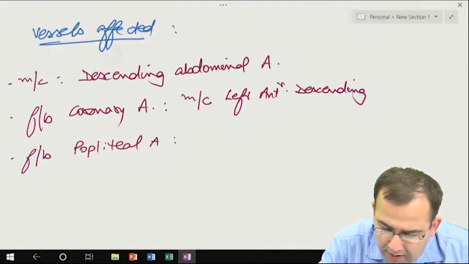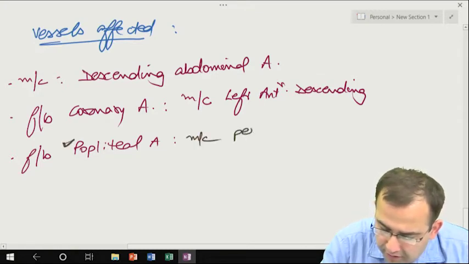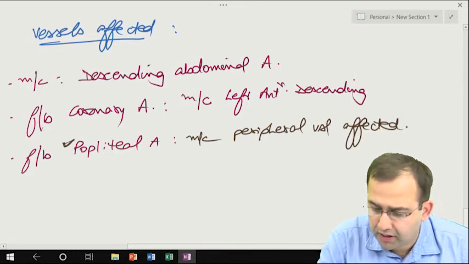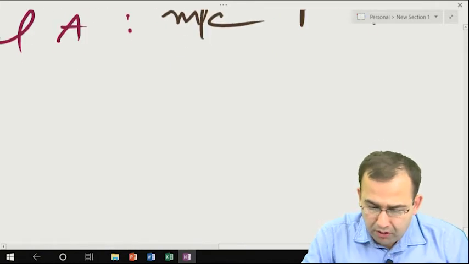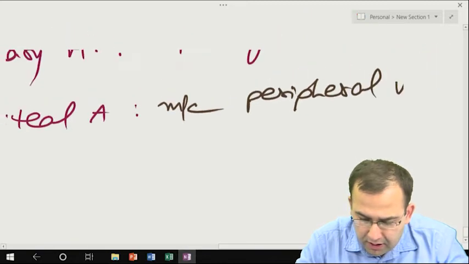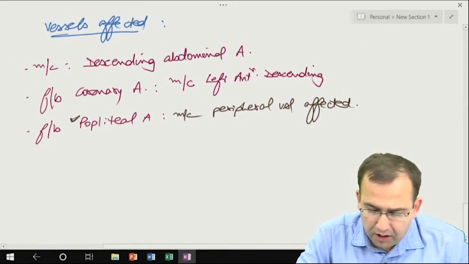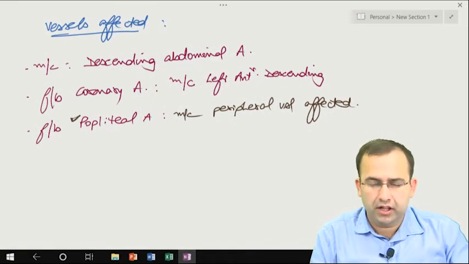The popliteal artery is the most common peripheral vessel affected. So see the language of the question properly. Most common vessel affected is the descending abdominal aorta, whereas most common peripheral vessel affected is the popliteal artery.